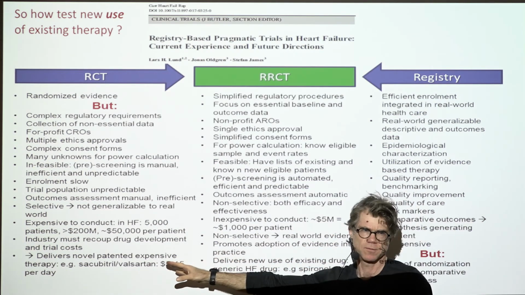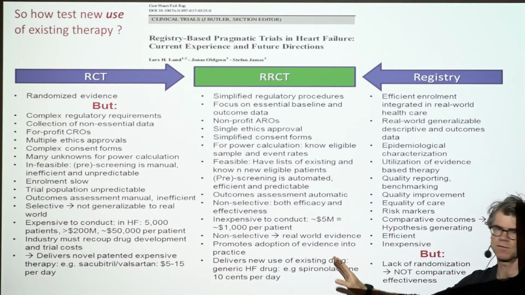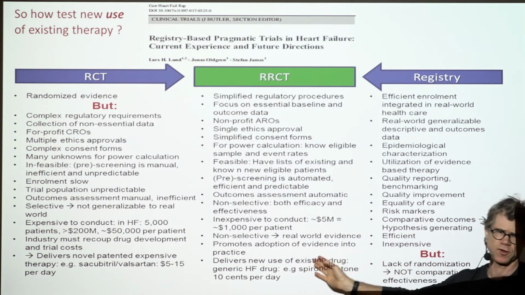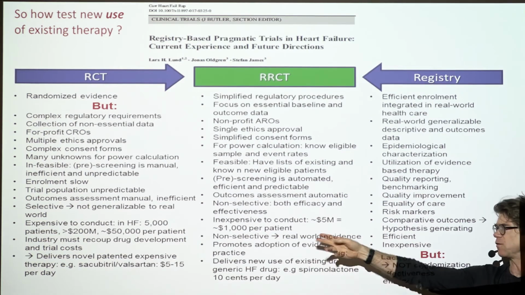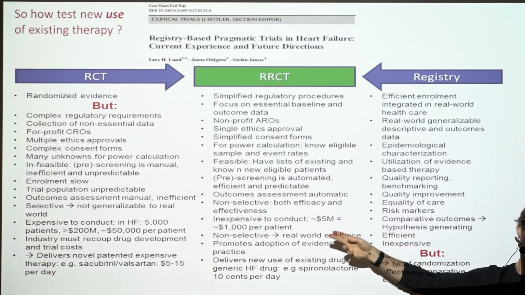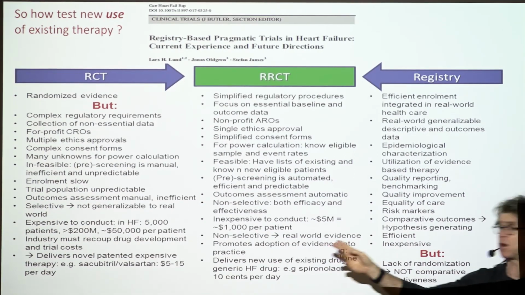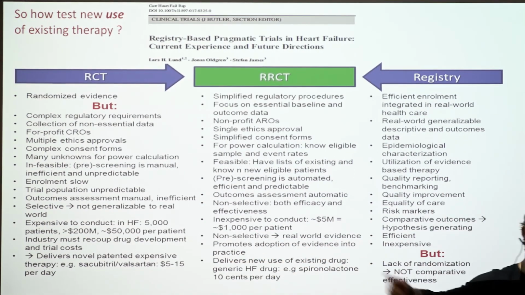And we can do a trial of an existing inexpensive drug that, if the trial is positive, will cost nothing for society to implement. So the trial costs 1% of the conventional RCT, and the drug that we test costs less than 1% of the drugs that are tested in the conventional RCT.